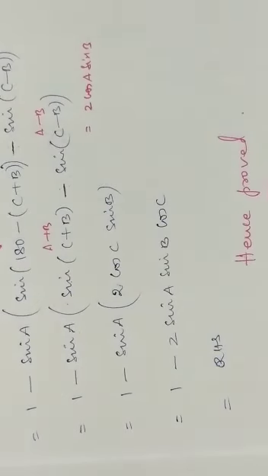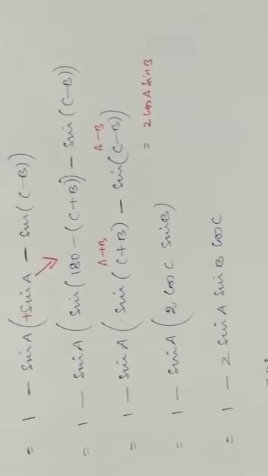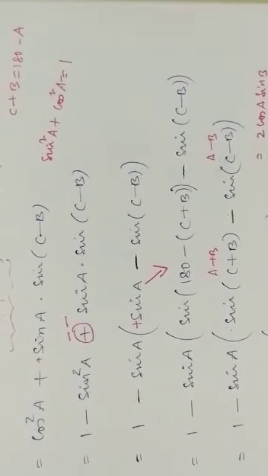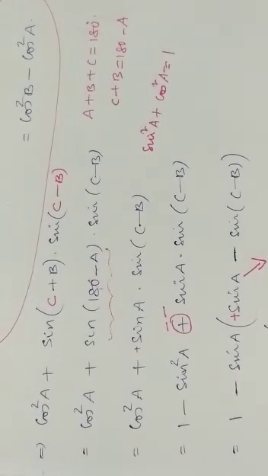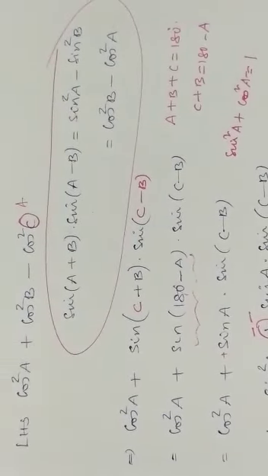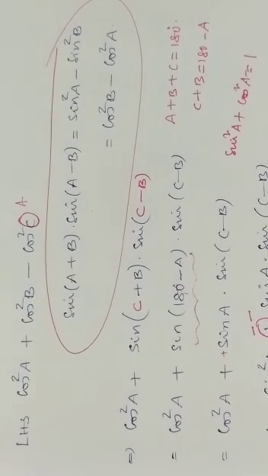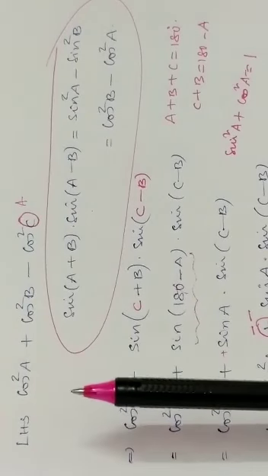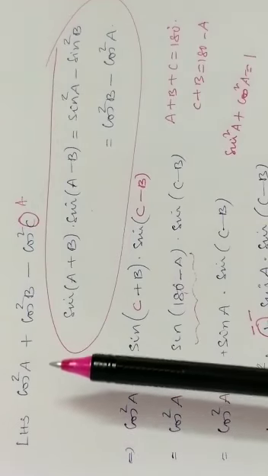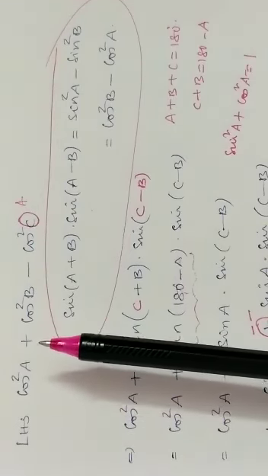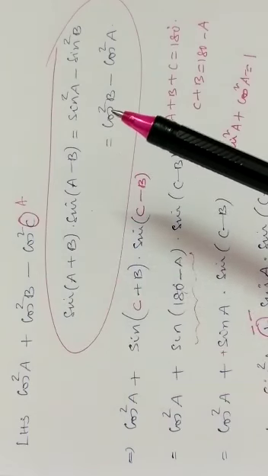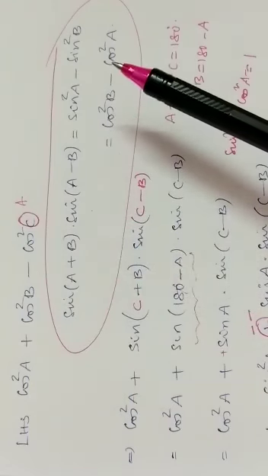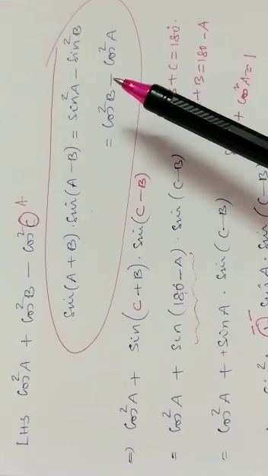Which means we have to use the appropriate formula for the appropriate terms. Once we move up here, you cannot apply the formula for the first and second terms because you are having plus between same square terms. The formula needs a minus in between two same square cos terms.